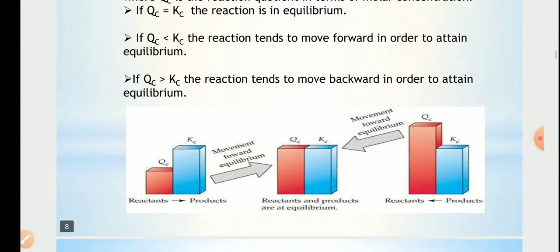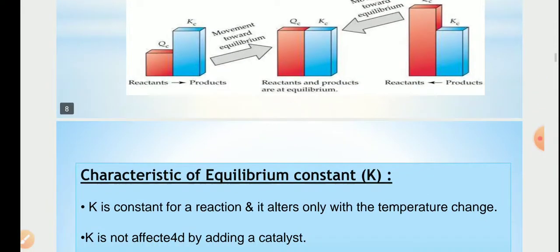Or if Qc is greater than Kc, then the reaction tends to move backward in order to attain equilibrium. So this is a very simple parameter.